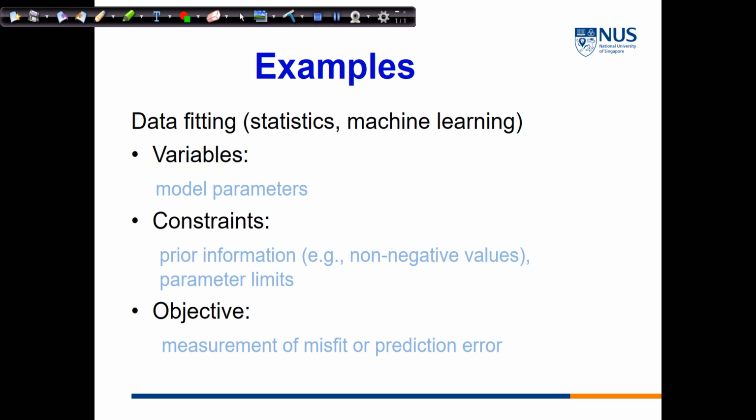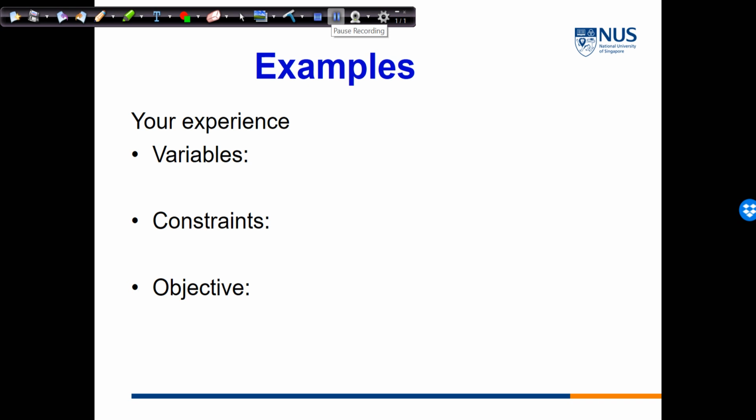Okay, so these are some examples we give you using this optimization formulation. You can take the time to think about what your own problem is that you want to solve, following the initial steps to form the problem like this. Using this framework, you can think about your own problem formulation. So take 1 minute to write down your problem objective, your variables, and some constraints.